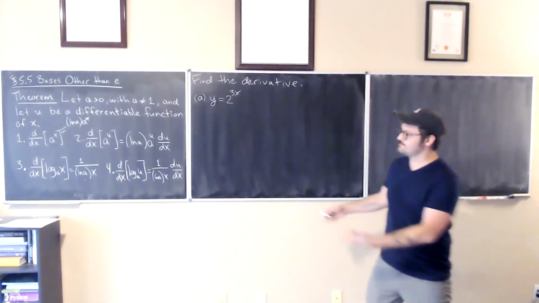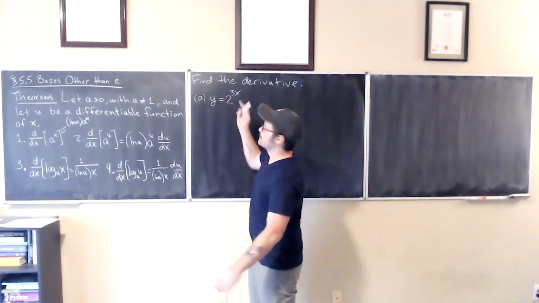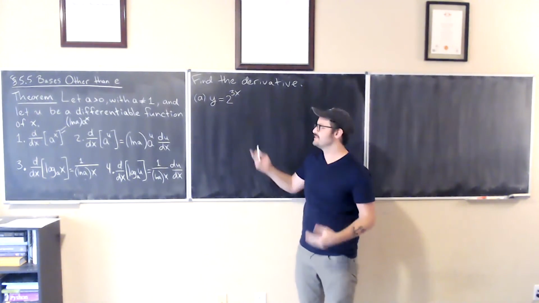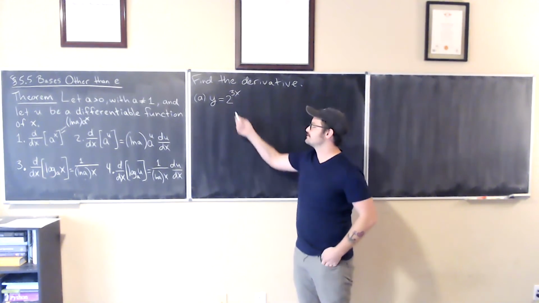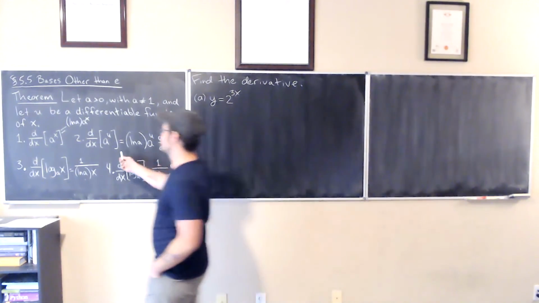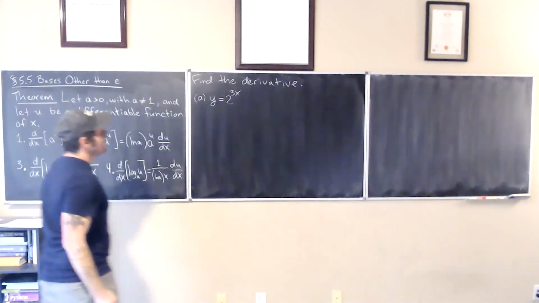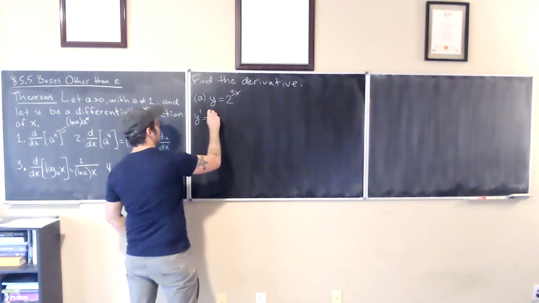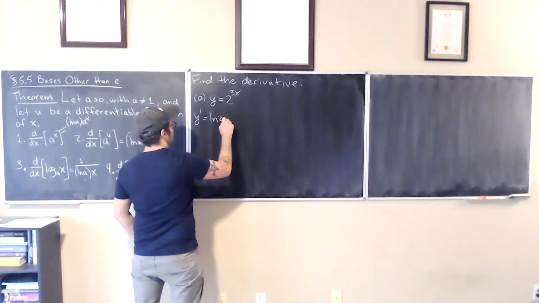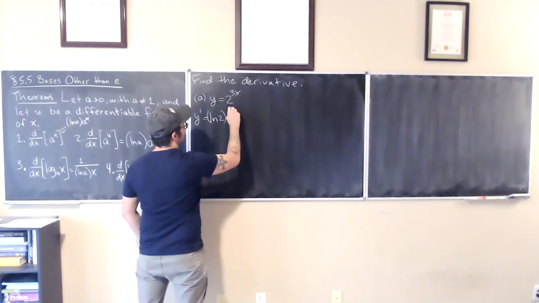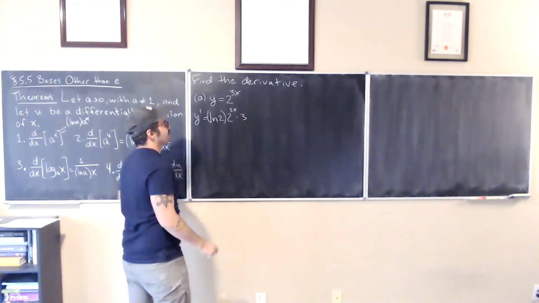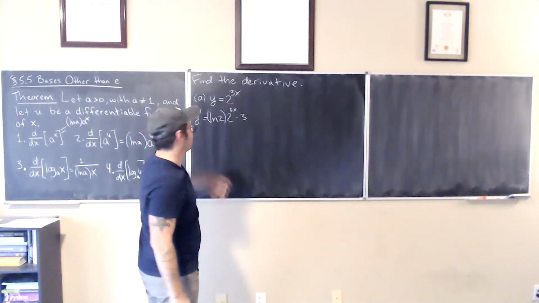Now this should be fairly simple to do. There's your function of x, 3x, that's your u. There's your base. So we're in this case right here. So y prime is going to be natural log of 2 times 2 to the power of 3x times 3. du dx is just 3.